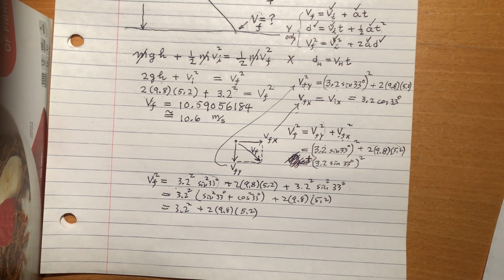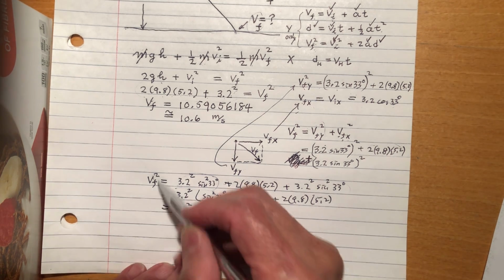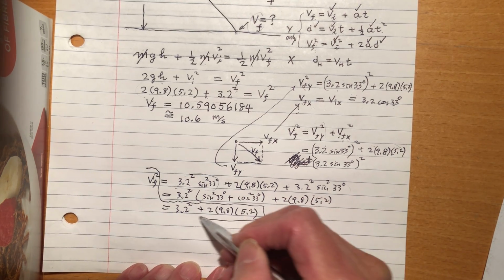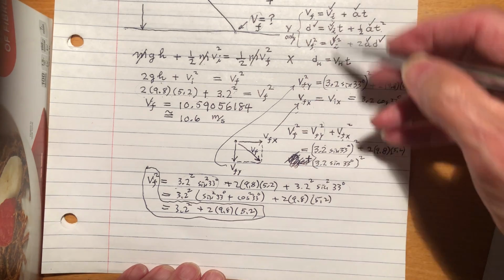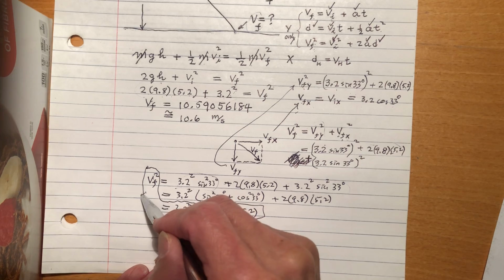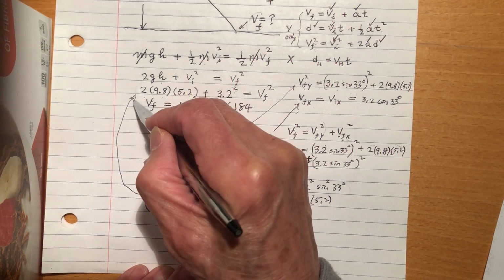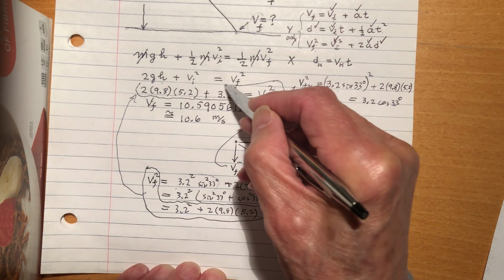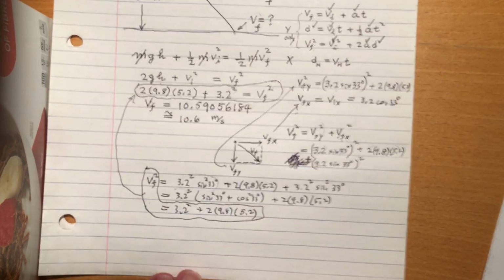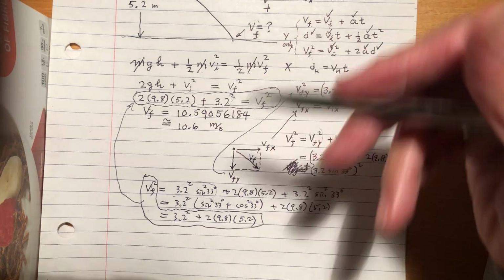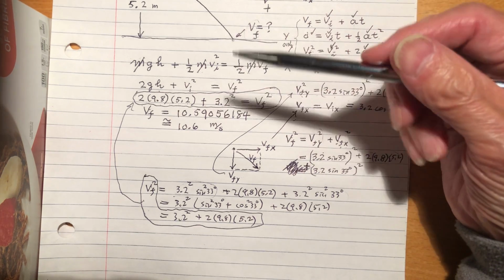What do you see here now? I go through all the kinematics, and I have this, but this is exactly this, you see? So now you realize how powerful the conservation of energy is.